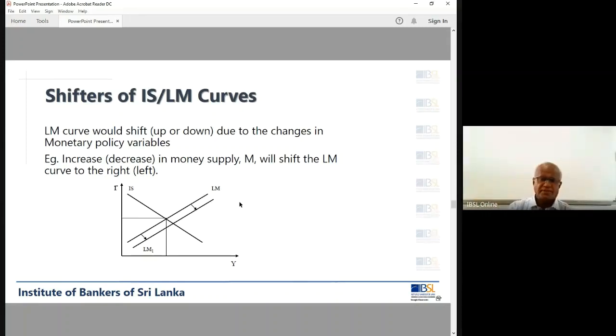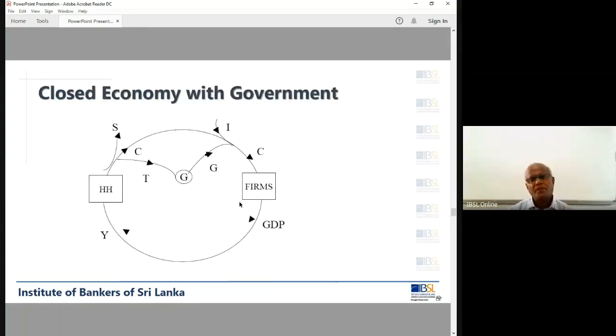So think like, okay, now we are going to introduce a closed economy with government. Introduce the government. Now we have households, government, and the business sector. What do households do with their income? They consume, they pay taxes, they save. The balance is saved. Business sector, companies, what do they do?